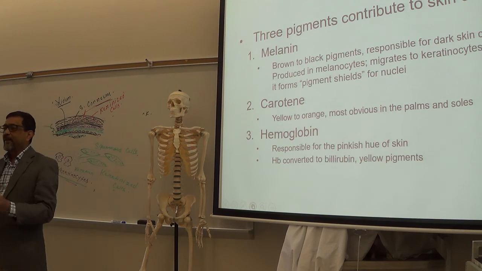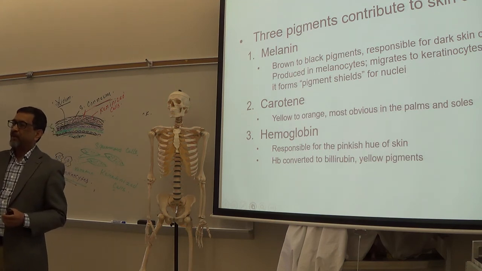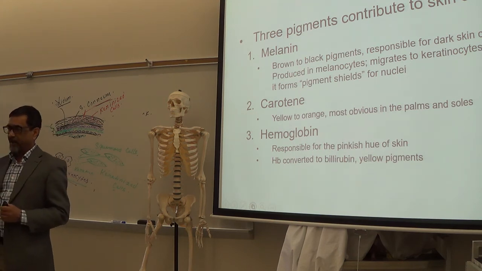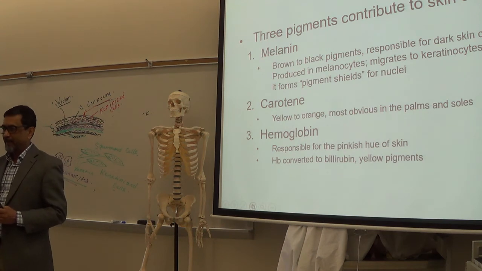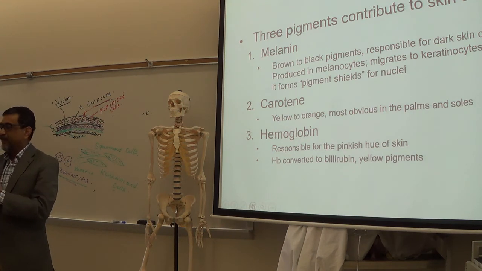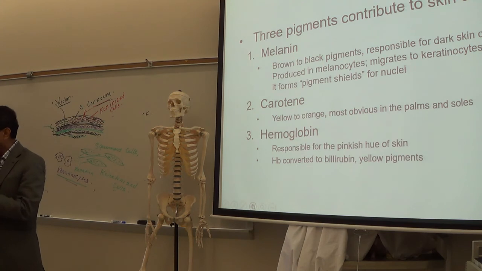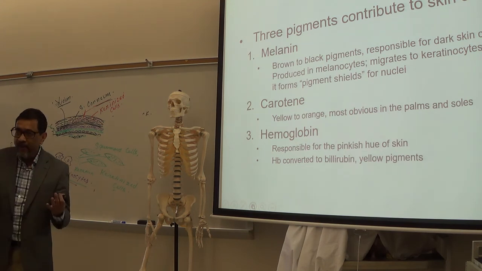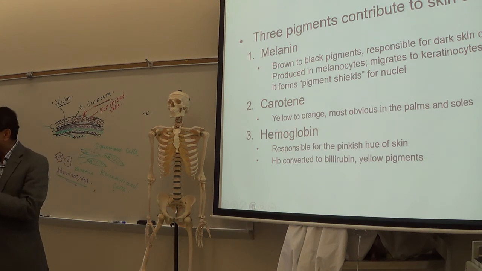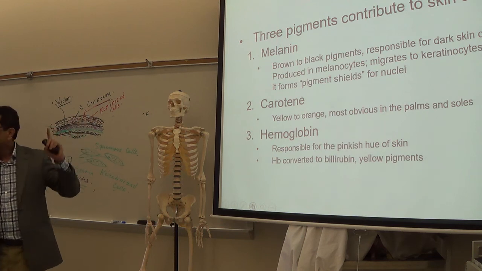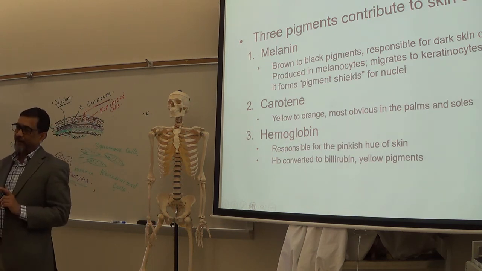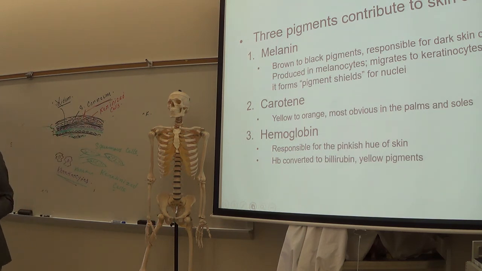Melanin is dark or brown colored pigment in the skin. So if someone has more melanin, right, the skin will be darker. Someone has lack of melanin, skin will be less dark or light or white. Make sense?